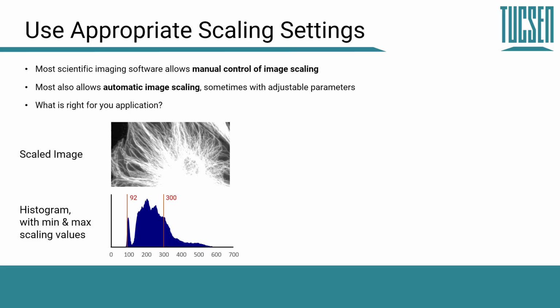It's not overexposed, it's just image scaling that's leading to those white pixels. But what we've done here is reduce this upper bound in order to really zero in on what's happening in the lower intensity areas of the image. So we can see very clearly now what's happening in the dark areas of the image, in exchange for not being able to really tell what's happening in the bright areas of the image.